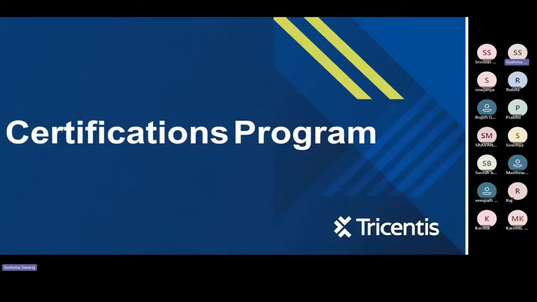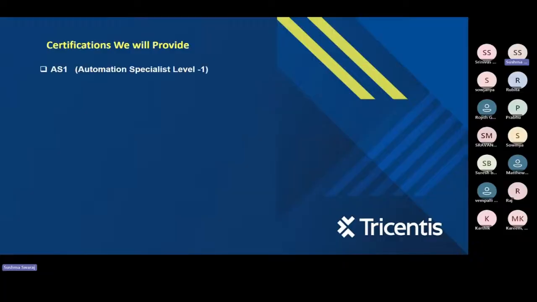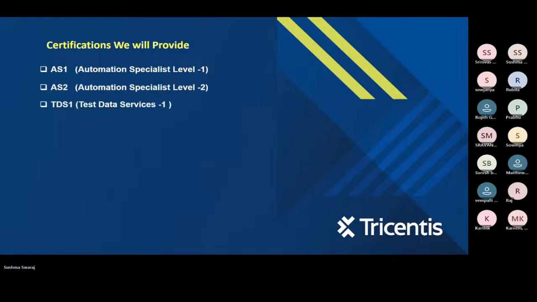Regarding the certifications, once you are able to complete all the topics we are going to cover, then you have to opt for the certification. There are multiple certifications. You have to first clear the AS1 certification, which is the very basic one, AS1 and AS2, and then you have to opt for Test Data Services 1 and 2.